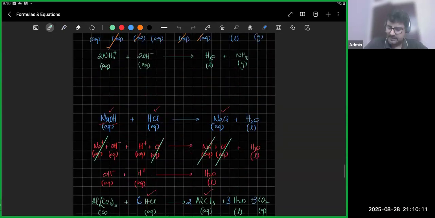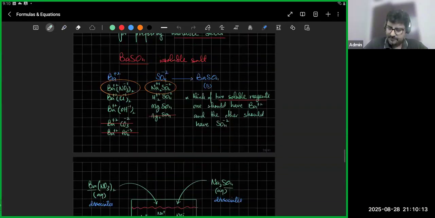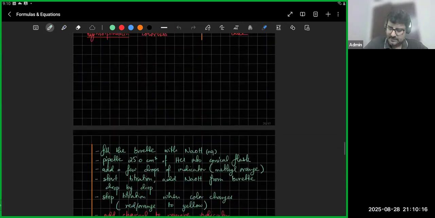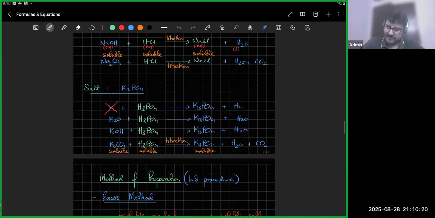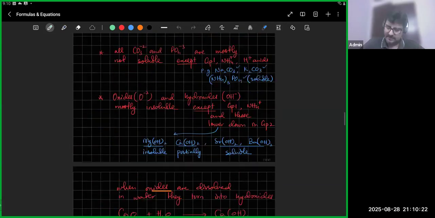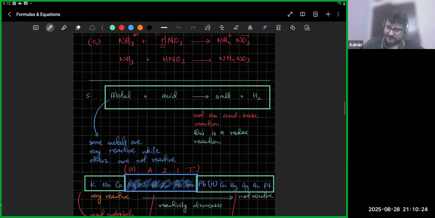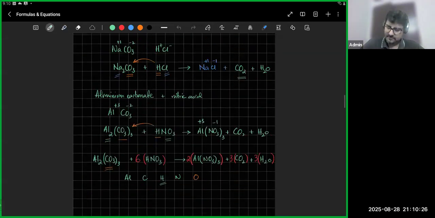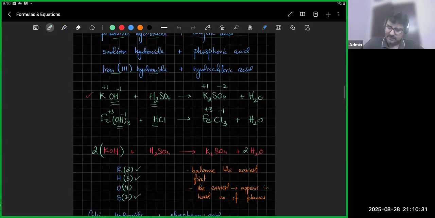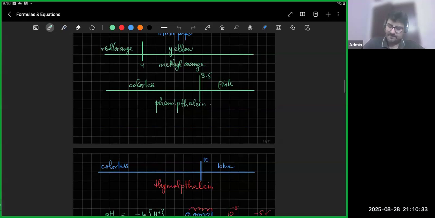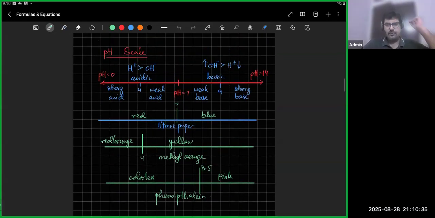We did that. Before the pH scale, yes, we did the pH scale, right? We did indicators. It was before equations, after equations. Just one second. Okay, we did indicators.